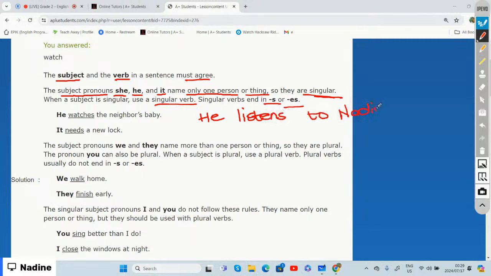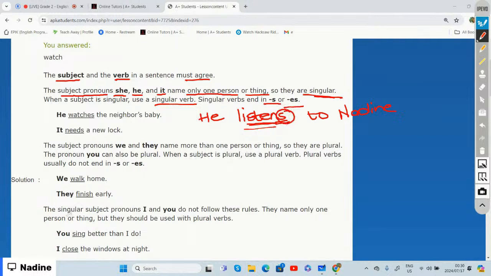I don't just say he listened to Nadine, I'm saying he listens to Nadine, because once we show the action that one person or one thing does, we add an S to our verb.